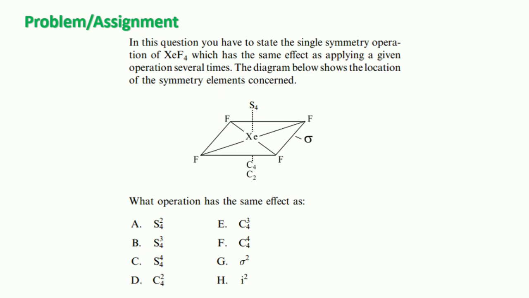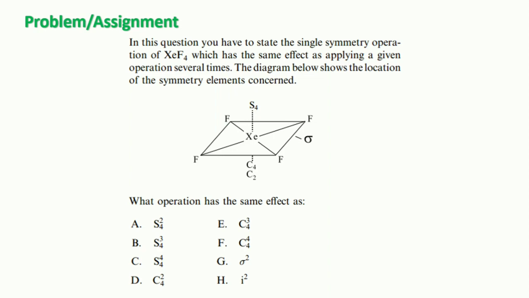This problem was: you have to state the single symmetry operation of XeF4 which has the same effect as applying a given operation several times. The diagram below shows the location of the symmetry elements concerned. We have different symmetry elements, and the location of these symmetry elements was already shown to you.